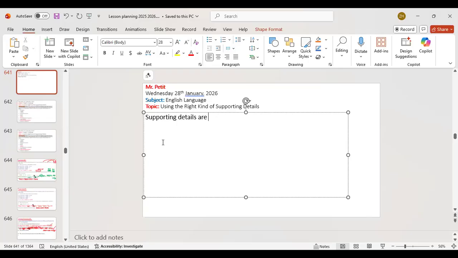Supporting details are pieces of factual information that back up the main idea or the topic sentence.